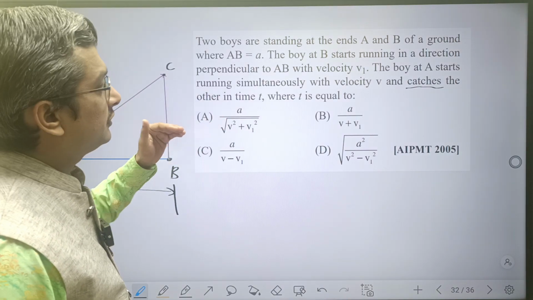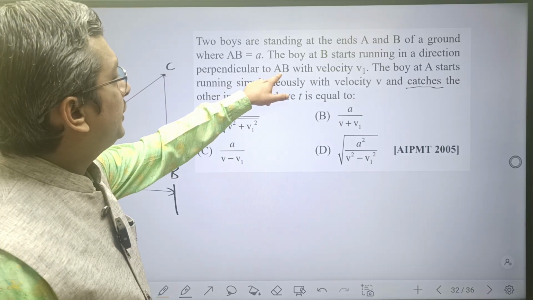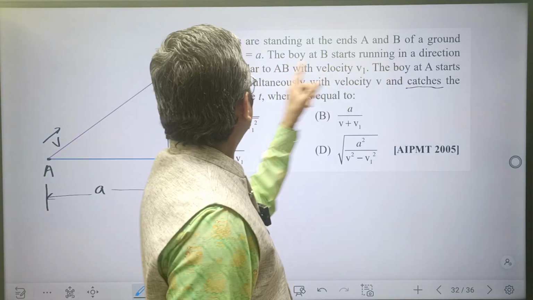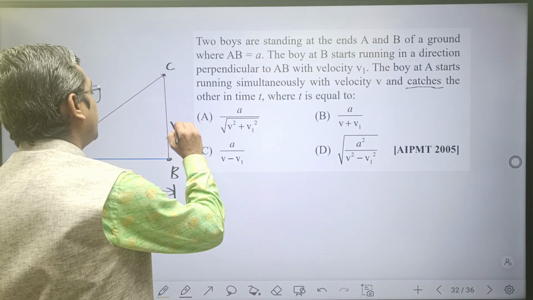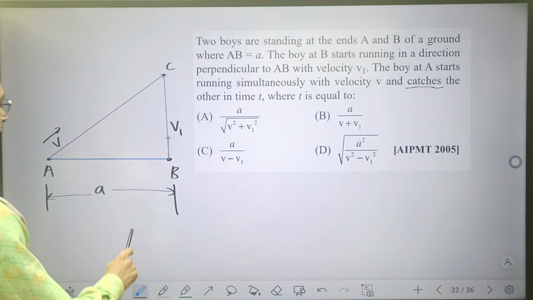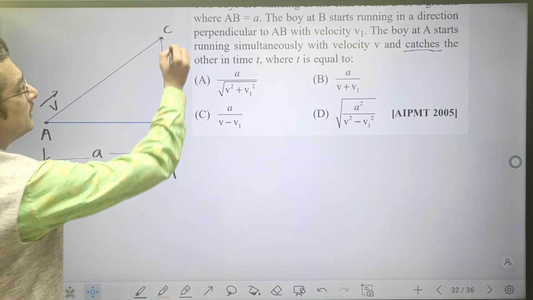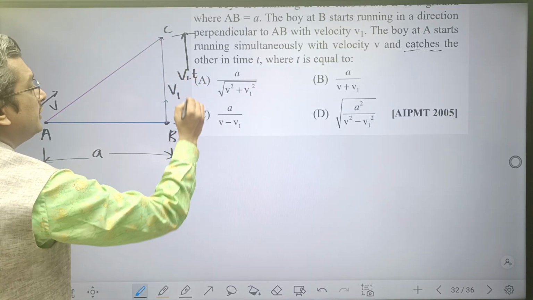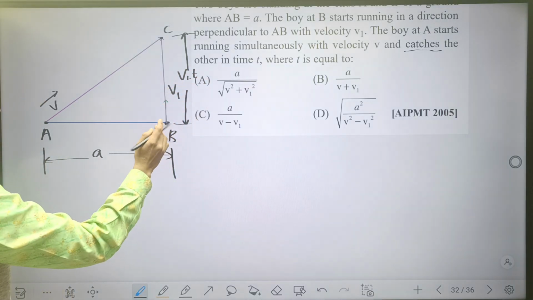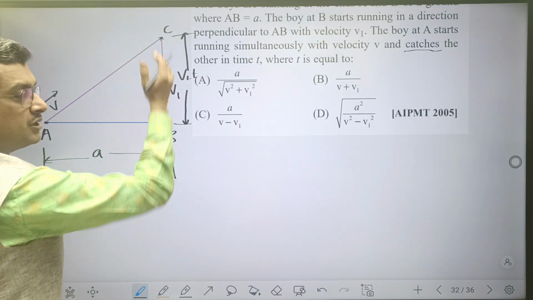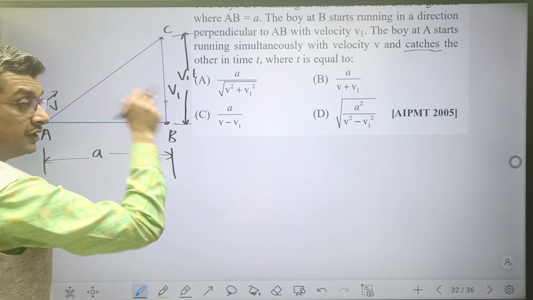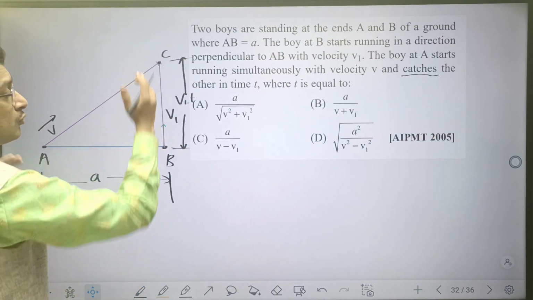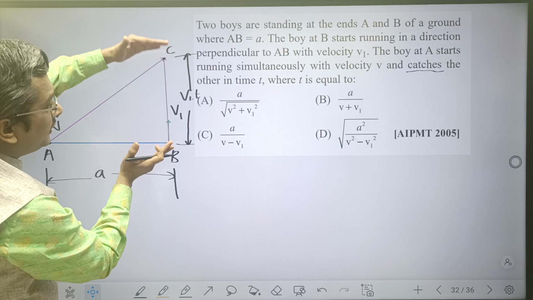And the velocity of the boy who starts running in the perpendicular direction is given as v1, isn't it? So this distance is a. Now this distance is given by v1 multiplied by t. Why? Because v1 is the speed of the boy running from B, and the time is t. After time t both boys meet, so the journey time must be t.